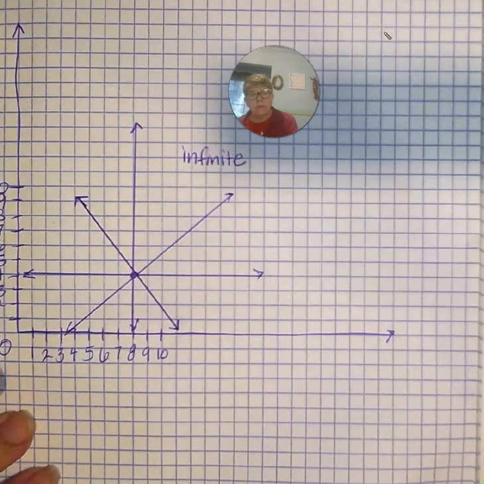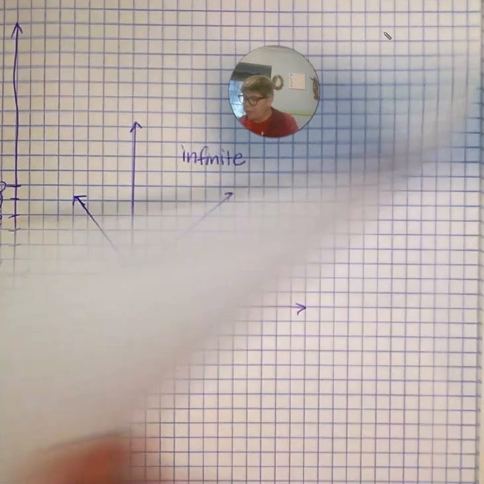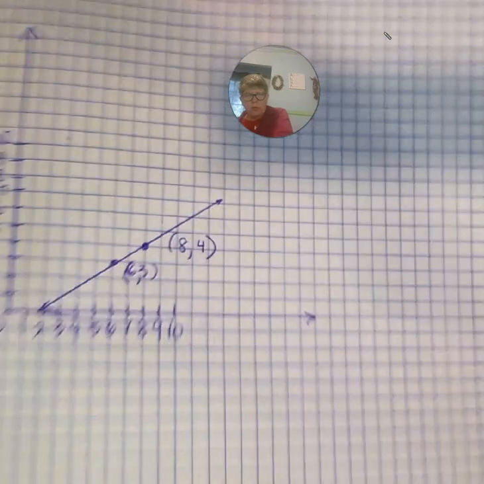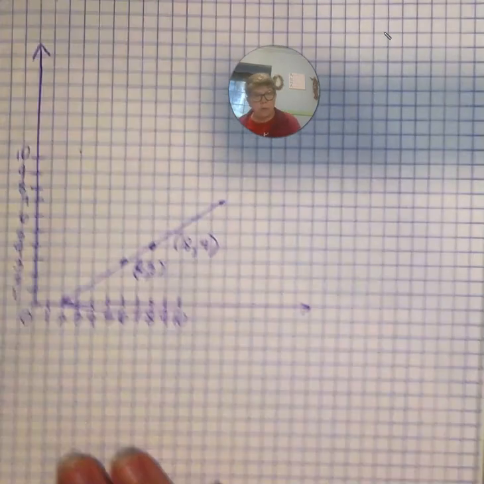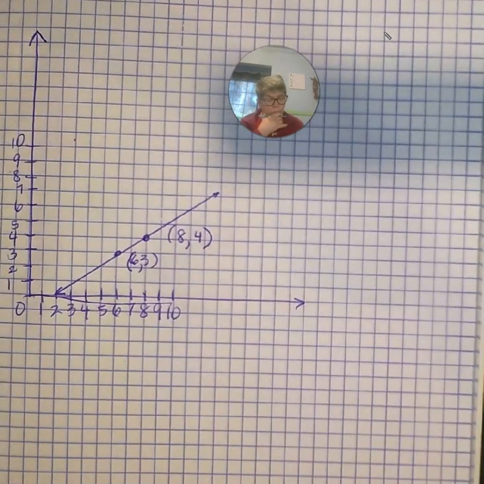We could go on and on forever. But through these two, are we only able to draw 1 line that goes through both of them? Pretty interesting, right? It's a straight line. So we couldn't draw more than one line that goes through both of those points.